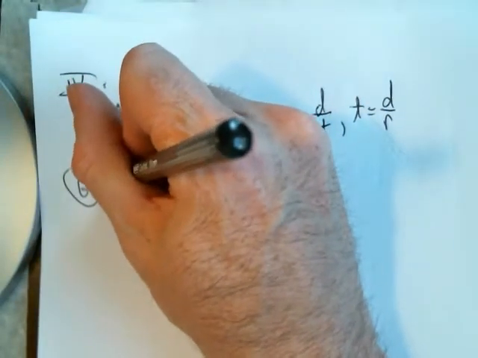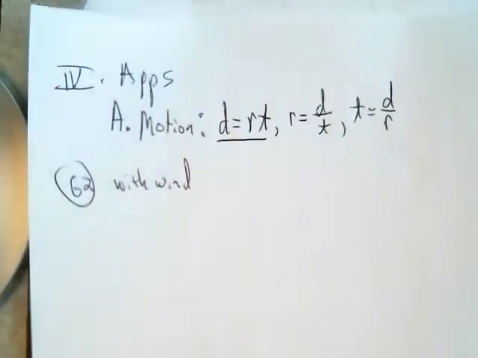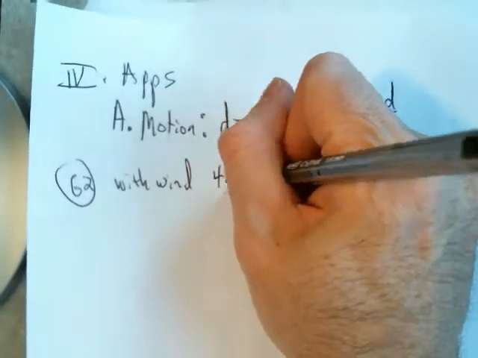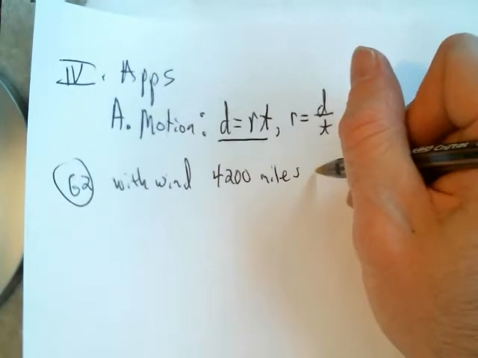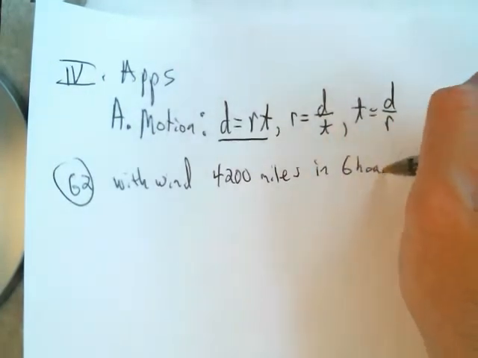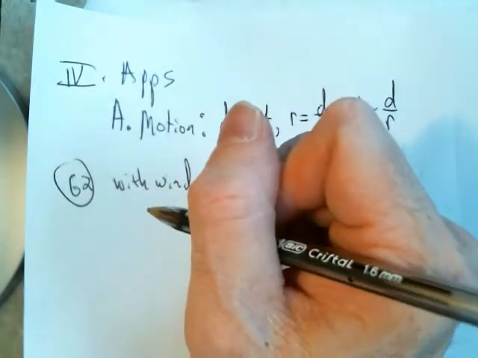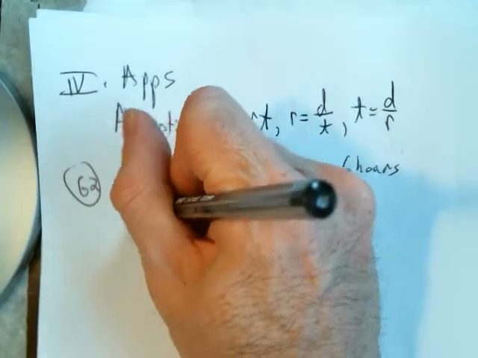Plane with the wind. When a plane flies with the wind, it could travel 4,200 miles in 6 hours. When the plane flies in the opposite direction against the wind, it takes 7 hours to fly the same distance.